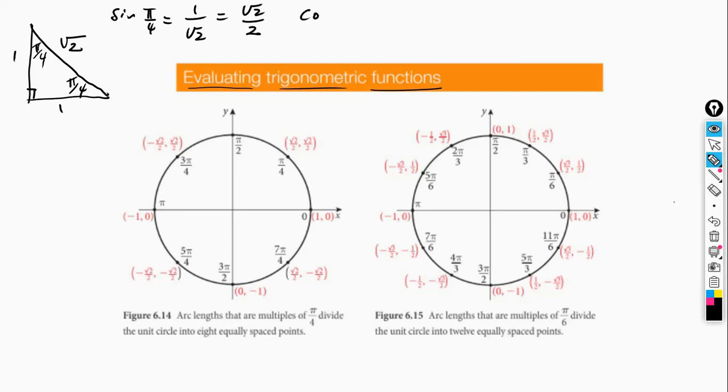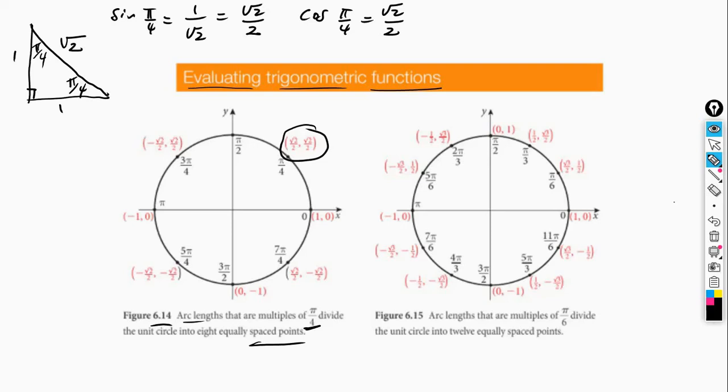And then we know that cosine of pi fourths is going to be the same, square root of 2 over 2. So if we go to this figure, figure 6.14, where it talks about arc lengths that are multiples of pi fourths, these would divide the unit circle into 8 equally spaced points. But also what's interesting is that if you look at these coordinates, notice that the coordinate here is the same as the sine and cosine of pi fourths, or 45 degrees.